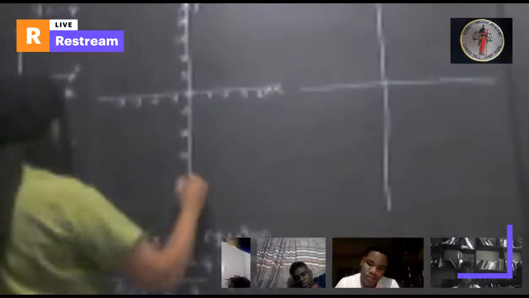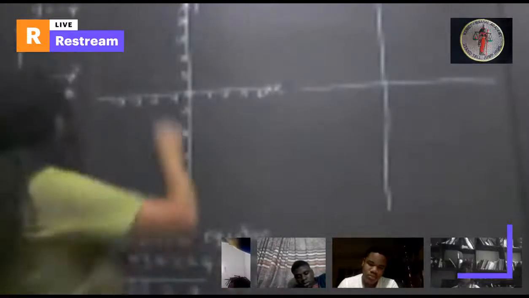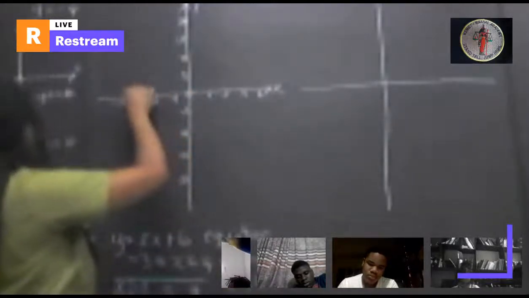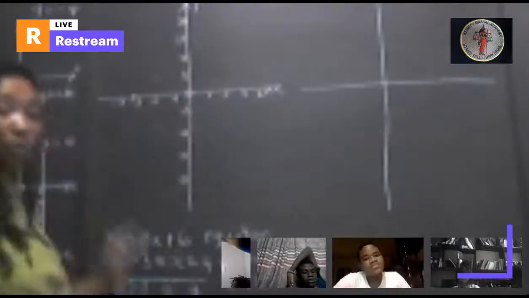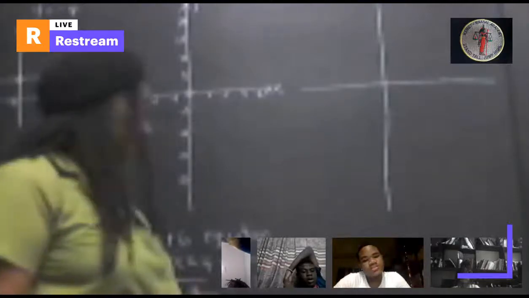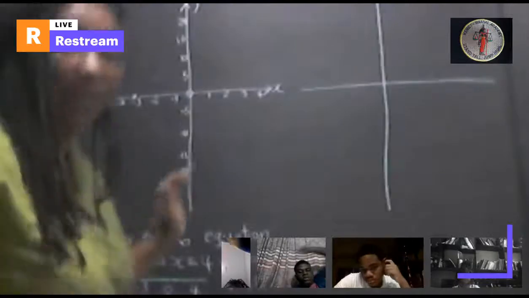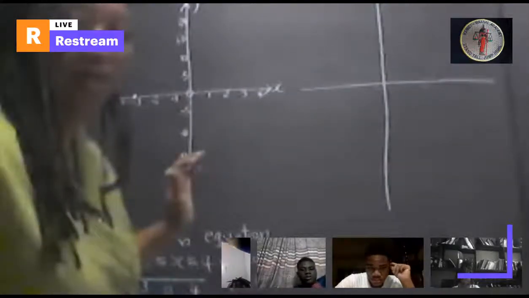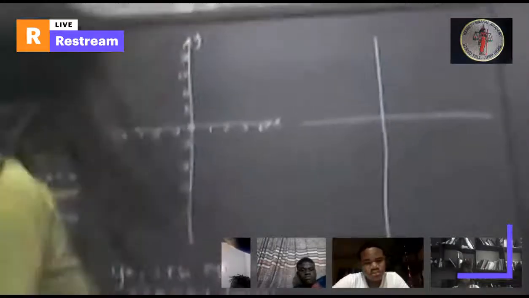All right, so let's plot now. So -3, 0. So -3 on the x and 0 on the y. So that's right there. We don't move on the y, so we stay on the x-axis. 0, 6. You can't see. So those are the values we got, right? 0, 6.